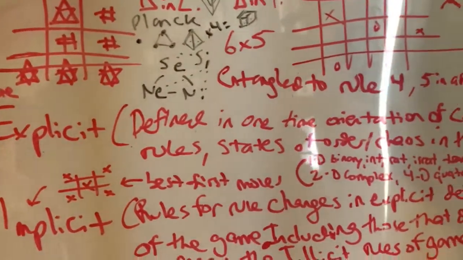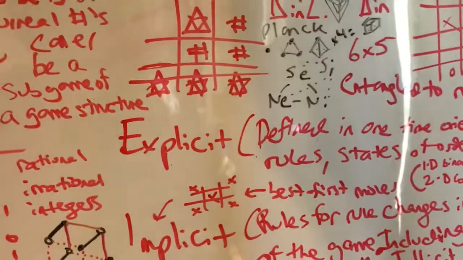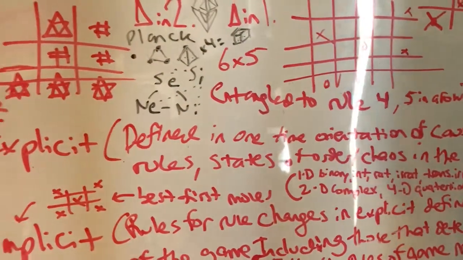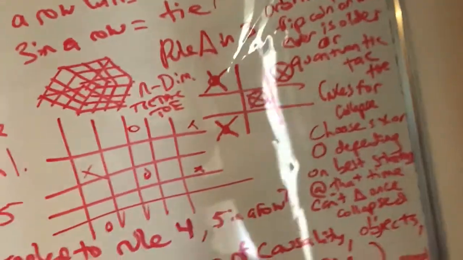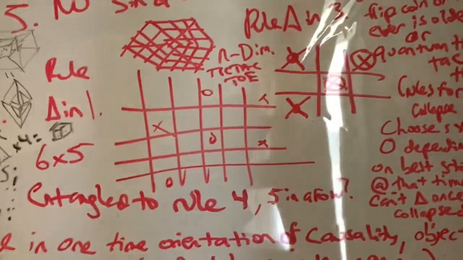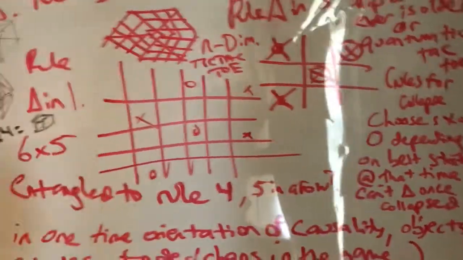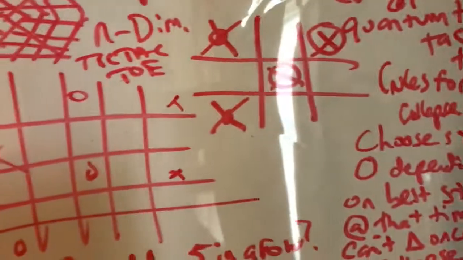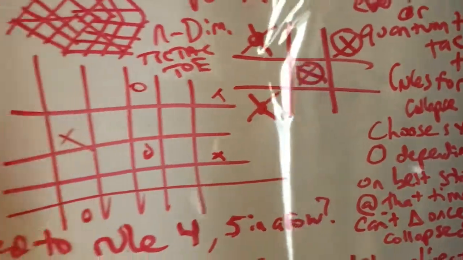And if you had a quantum tic-tac-toe, then this would be like a superposition of rule 3 of X going first, and it would maybe collapse into a state that would be most beneficial to the first mover, for example, something like that.